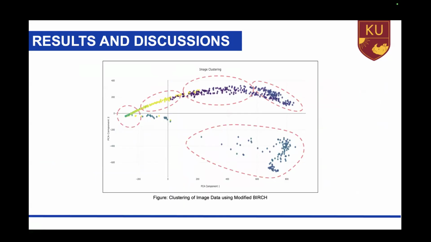But here there was something which was not good enough, because for the images we got some overlapping of clusters. There was scope for improvement in our clustering technique. Our clustering technique was performing very well for structured data, but for unstructured data we got some overlappings, and we decided we have to optimize this for further usability.